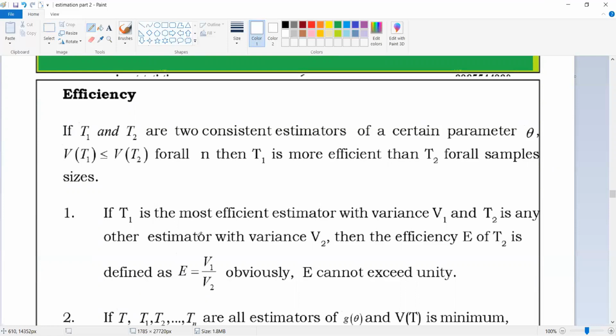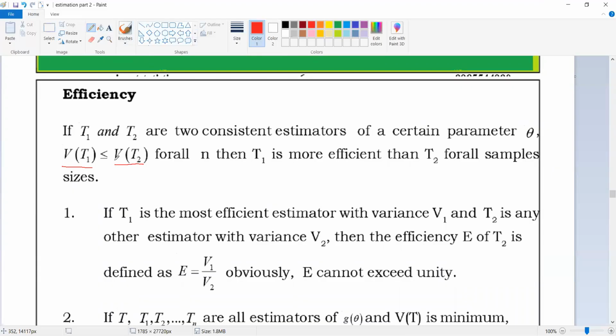First of all, suppose the statistics T1, T2 are consistent estimators of a certain population parameter theta, and variance of T1 is less than or equal to variance of T2. We compare the variances of these consistent estimators, both being unbiased estimators. First of all, T1, T2 must be consistent estimators.